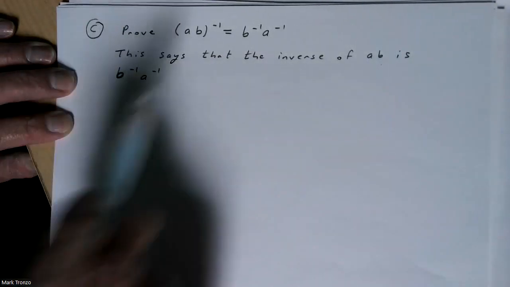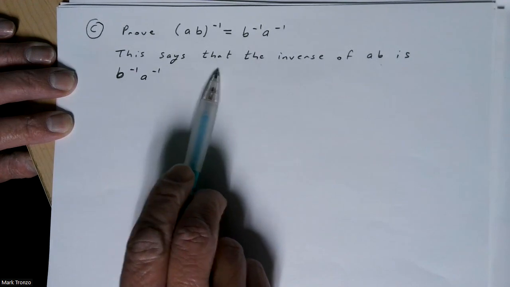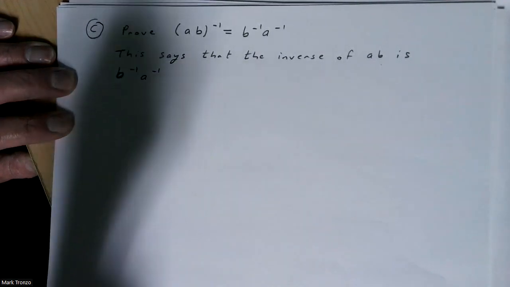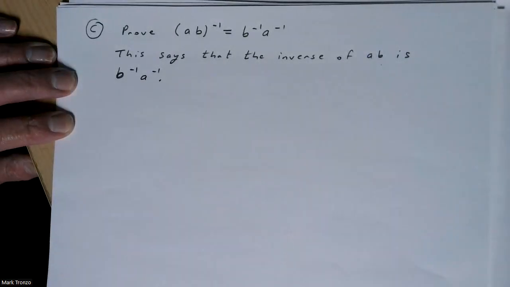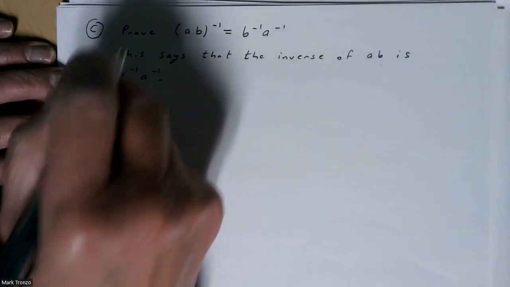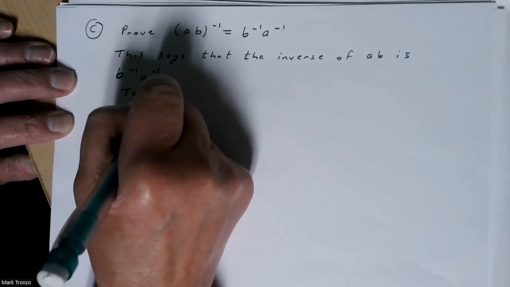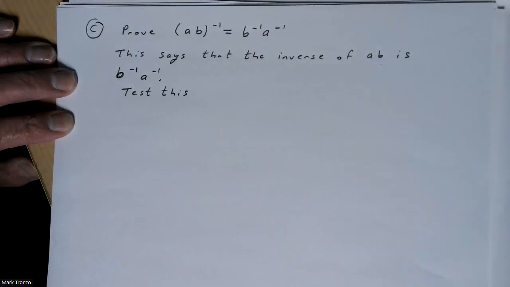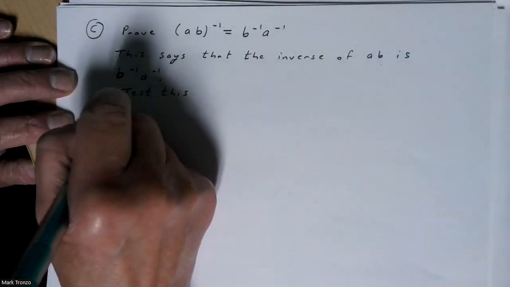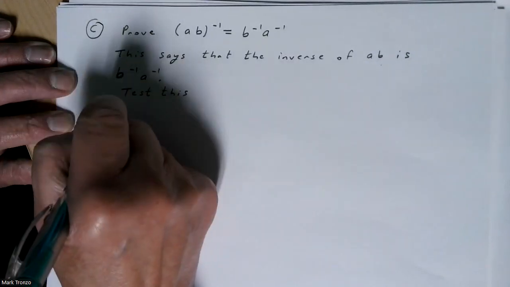That's what this is saying, because here it has (AB) inverse is equal to this, so it's saying the inverse of AB is this. So let's check this by multiplying them out. That would be the best way. So test this. In other words, see if we get the identity. What we'll do, we'll multiply this times this and see if we get the identity element.